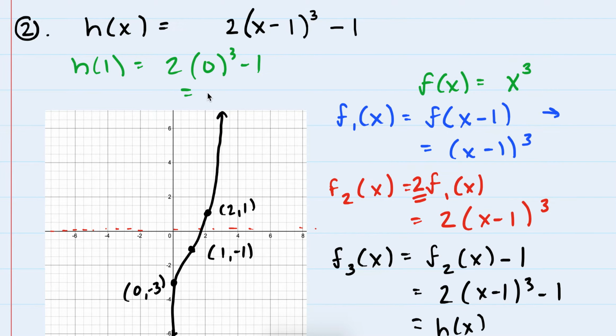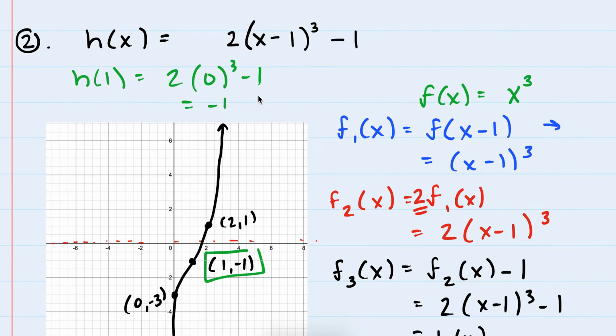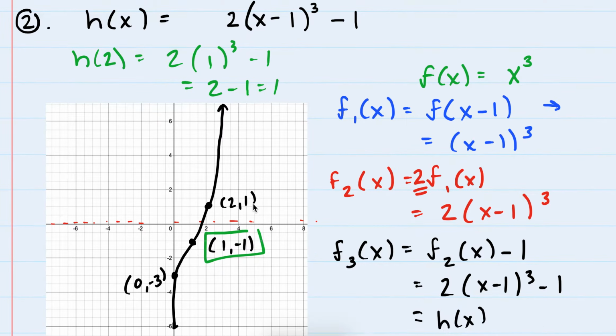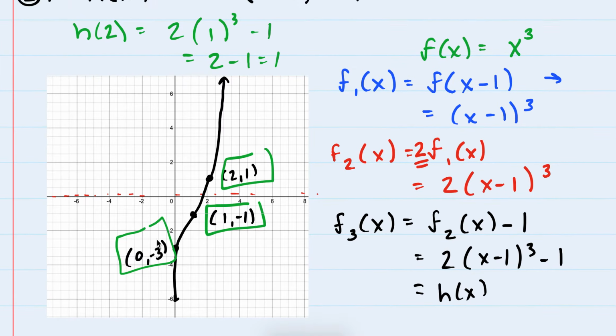This becomes 0 and I get negative 1. I did get this point (1, negative 1). You can plug in 2 for the next one just to see if you get something correct. If I plug in 2, I get 2 times (2 minus 1), which is 1, cubed, minus 1, and I did get the point (2, 1). Plug in 0, you'll see that you get this point. So we get the right graph.